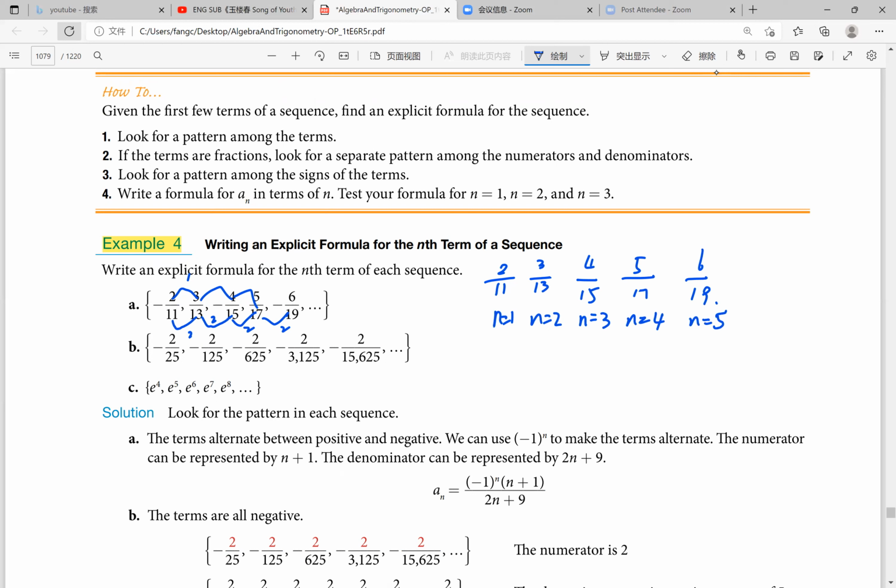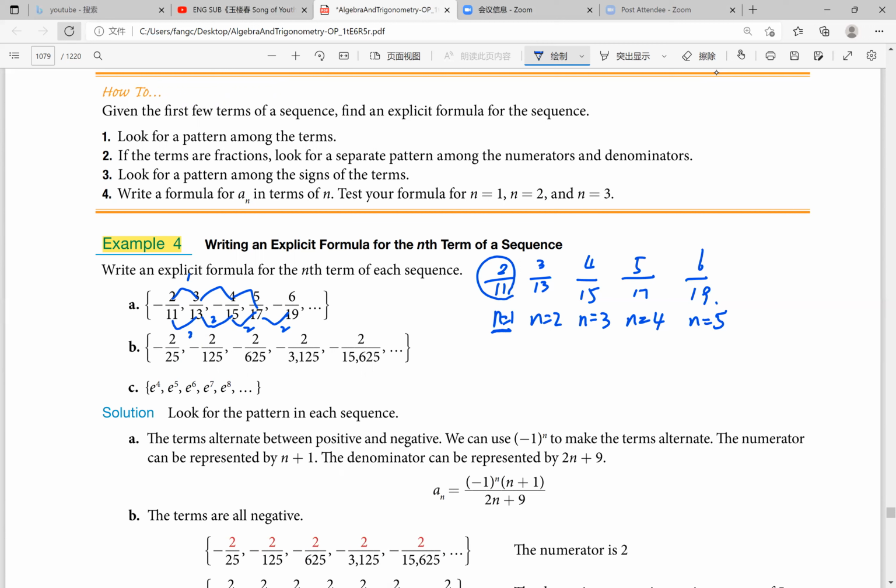After we find the regularity of the sequence, we need to model the explicit formula. Another important thing is we need to find the relationship between n, or the position, and the regularity.